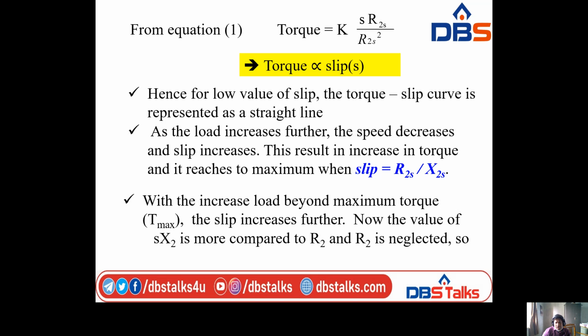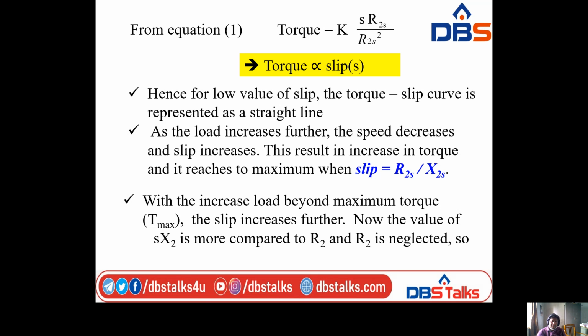So torque is directly proportional to slip. That means the torque slip characteristics is divided into three regions: low slip region, medium slip region, and high slip region. For the low slip region, SX2 is neglected, so only R2 square remains. Therefore, torque is directly proportional to slip, and this curve is a linear curve, a straight line.